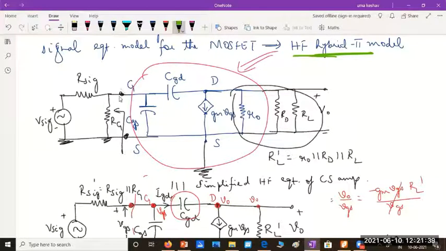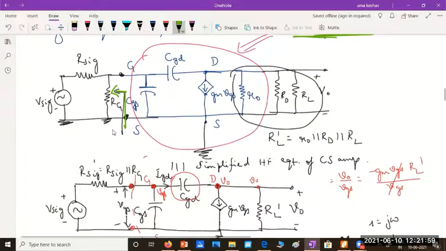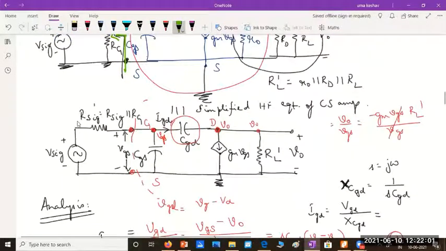So when we have to find the Thevenin's equivalent resistance to be seen from these 2 points to the left, any voltage source will be replaced with a short. So what will be the effective resistance between G and S? It will be R sig in parallel with RG, and that resistance we are calling R sig dash.